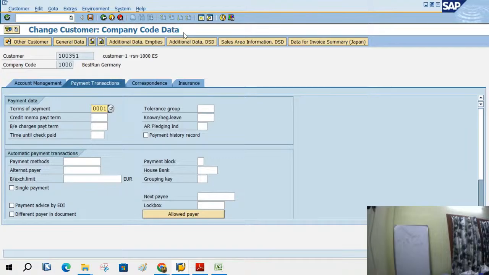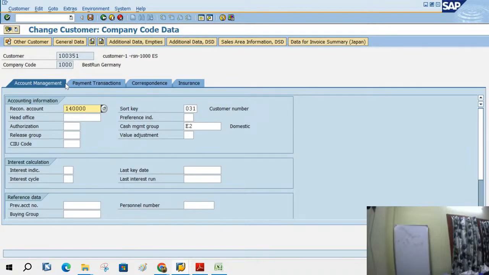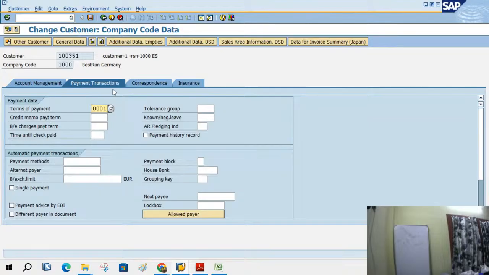In company code data consultant work, again you write 2A, account management tab consultant work. Correct? And 2B will be payment transaction tab consultant work. Correct?